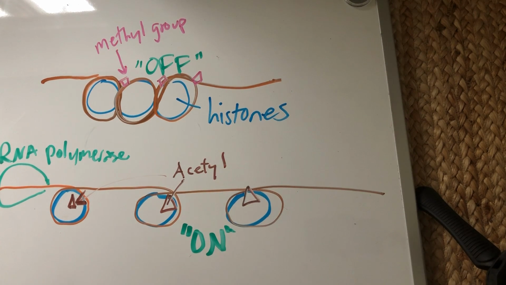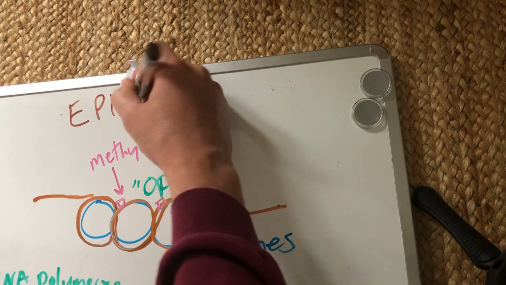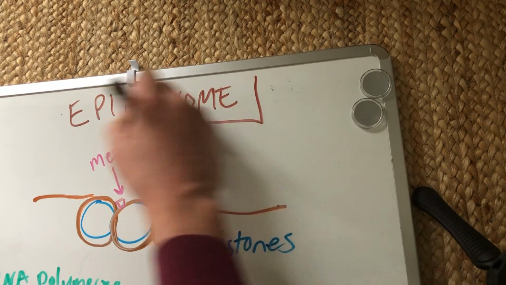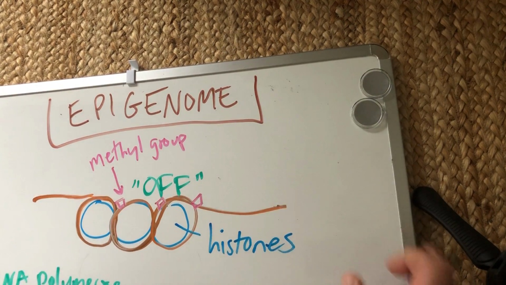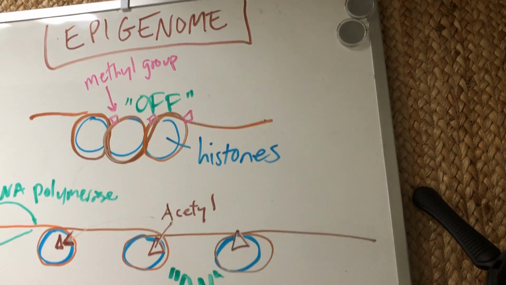But for non-identical twins, for people who are not twins, you have your own unique set of DNA, your genome. But you also have what's called the epigenome, right? Epigenome means on top of the genome. And that is your distinct pattern of which genes are off and which genes are on.